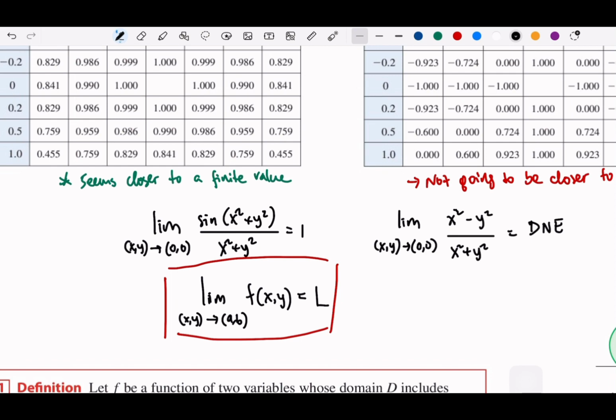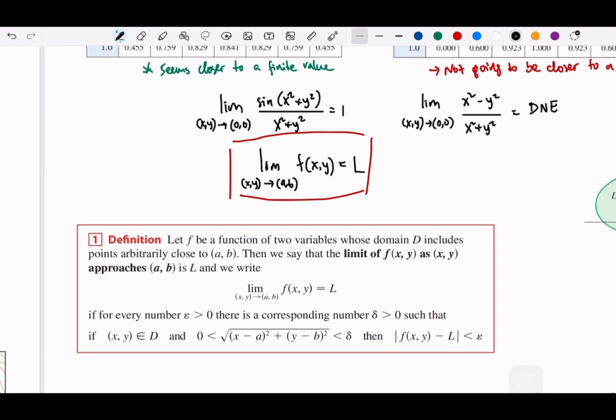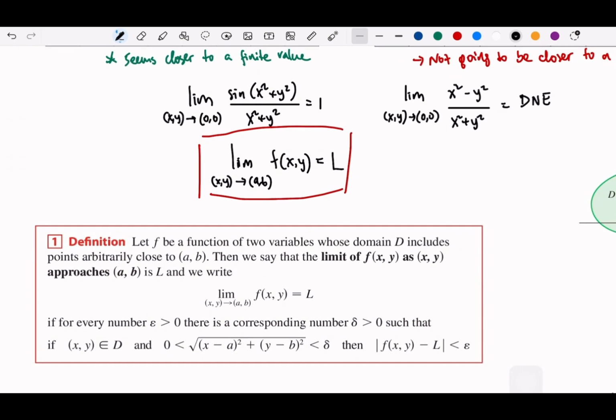By definition, we could also write something like this. We say the limit of f as (x, y) approaches the point (a, b) is equal to L, and for every positive epsilon, which means it's going to be the distance, there will be a number that we call delta.